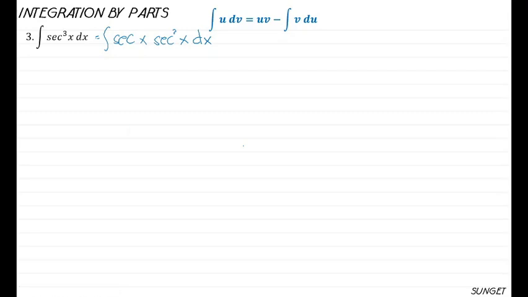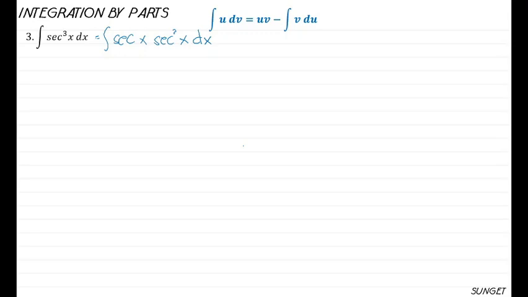So we're going to choose what is u and what is the dv part. So always remember the two guidelines for choosing u and dv part. Number 1, dv part must be readily integrable. And number 2, integral of v du is simpler than integral of u dv.